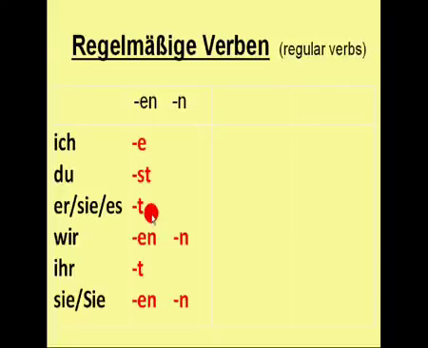For wir, it's the ending en, if the infinitive form of this verb is also an en. And it's the ending with just an n, if the infinitive form of this verb is also just with n. Then for ihr, the ending is also a t, and for sie, which means they, and Sie with capital letter, which means you in a formal way, the ending is also with en, like the infinitive form, or like n.